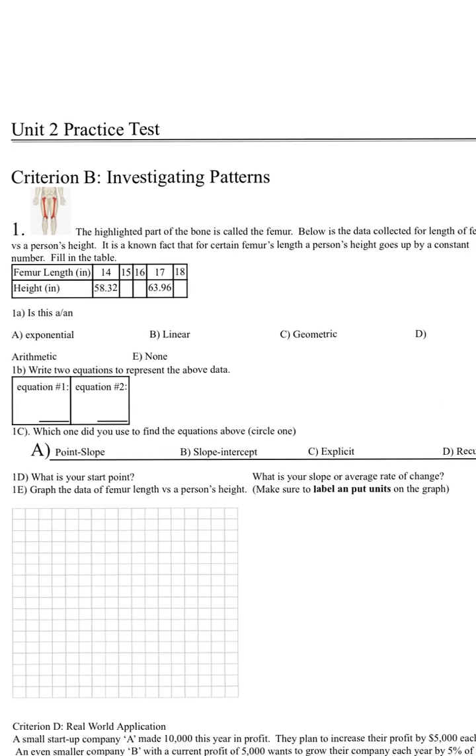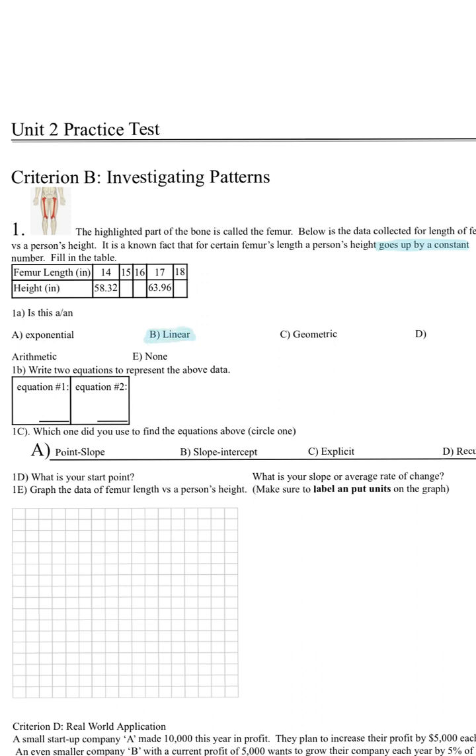The word here is constant. It's going up by a constant number. That's what signifies that it's linear. Plus, bones grow gradually. They don't skip from one link to the next, so we know it is continuous. Therefore, the answer for that is linear.